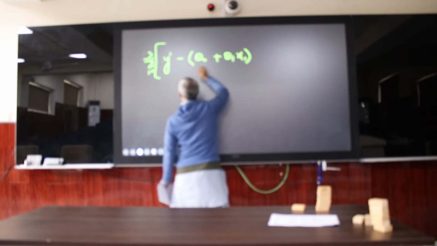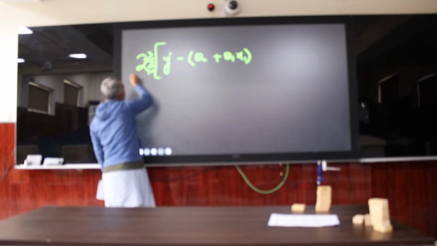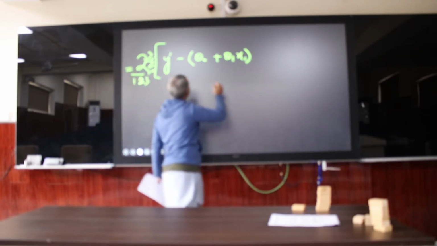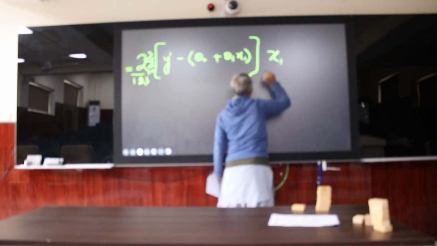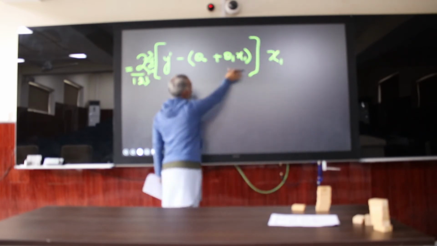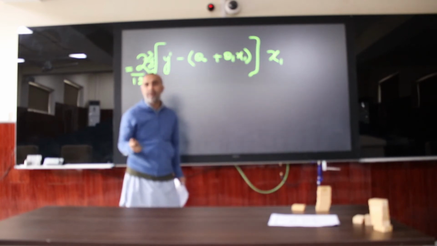Okay, so here it's equivalent to 2, and again this is equivalent to 1. Why? Because we are differentiating with the partial derivative with respect to x1.